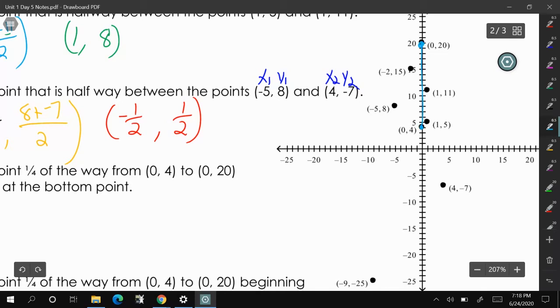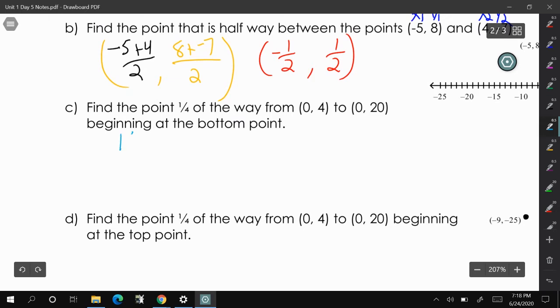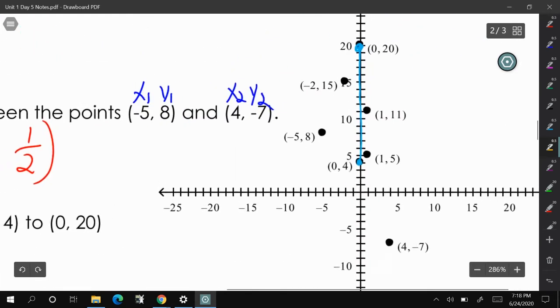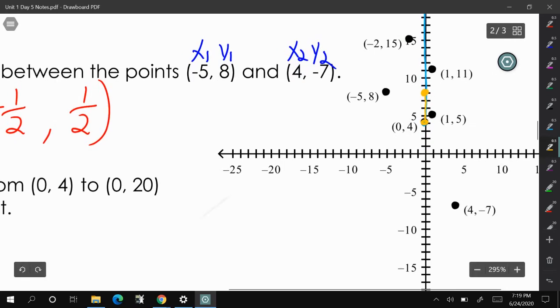You could count that and you will get a distance of 16. We do 16 over 4. That gives us 4. So 1/4 of the distance is going to be 4 units. Now, if we're beginning at the bottom point here, and we're going up 4, 1, 2, 3, 4, that is the point that we are at, and that is 0, 8.